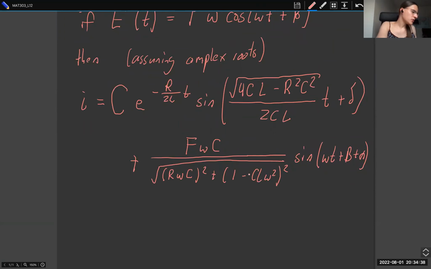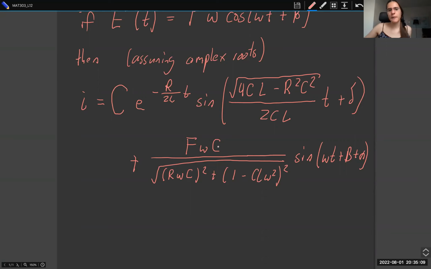Now what we're going to do next time is something more interesting. There's apparently some analysis that you can do here. So the amplitude is going to equal this expression in the steady state case. And this denominator is called the impedance of the circuit.